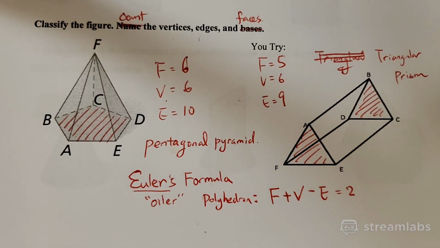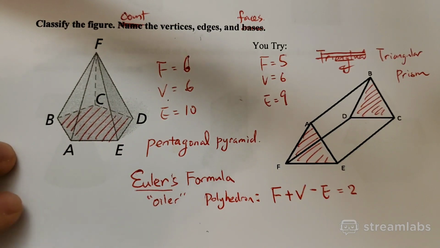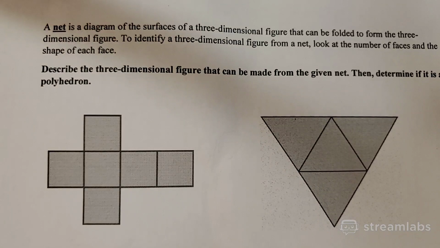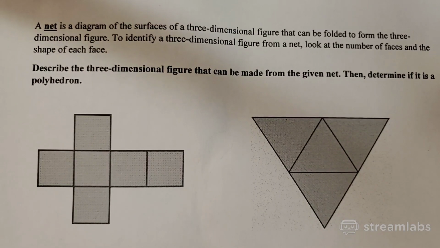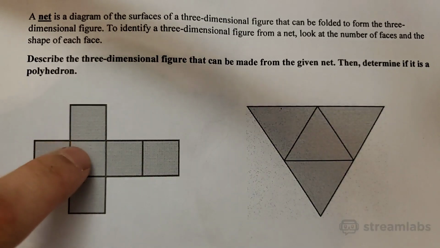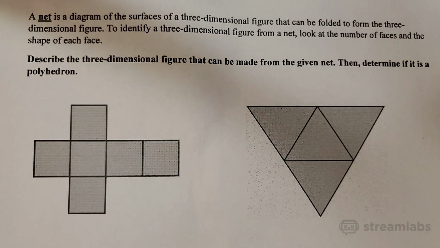Right? All right. So once you're okay with this, you can flip it over. So, have you seen these things before? These are called nets. Nets are basically a 2D representation of a 3D figure. It's an expansion of it, right? Like this one is probably the most common one that you've seen.